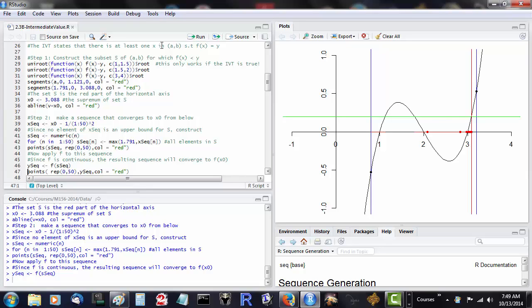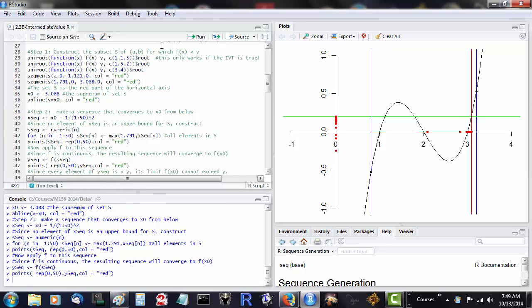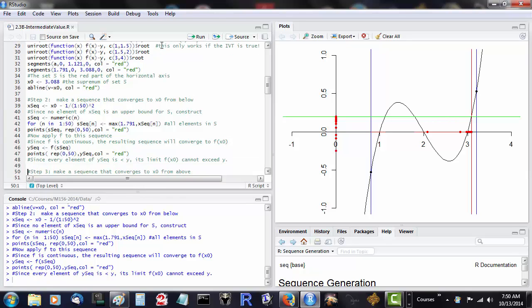And because every x value in the set is in the red part of the domain where the function values are less than y, I'm going to get a sequence in the codomain for which every element of the sequence is less than my target value of 0.2. That means the limit of this sequence cannot possibly exceed my target value y.